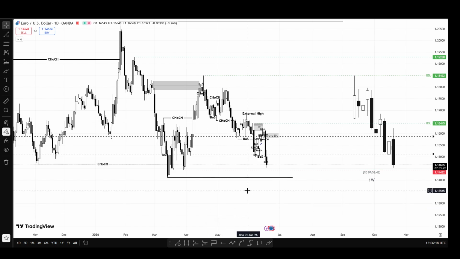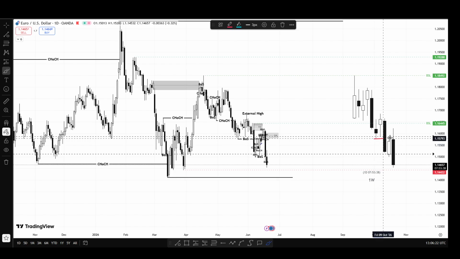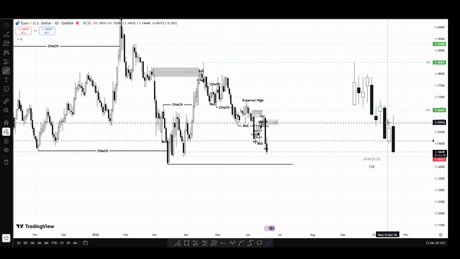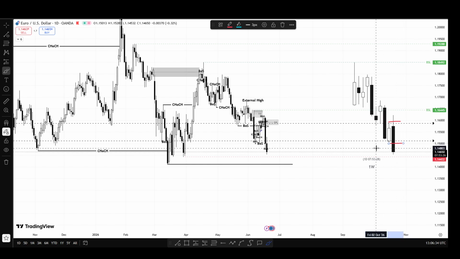If you look at the weekly time frame, we had this break of structure to the downside here on the weekly time frame. Okay, we had another break here on the weekly time frame. So we've swept the previous weekly high, and then we are yet to close on the low.